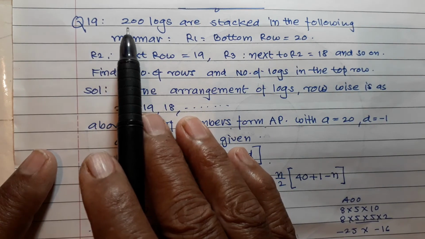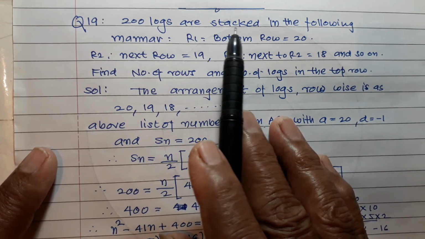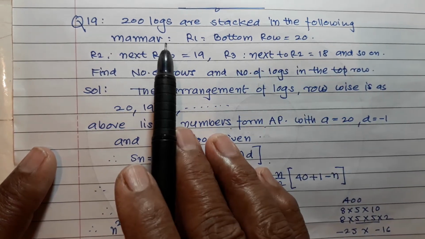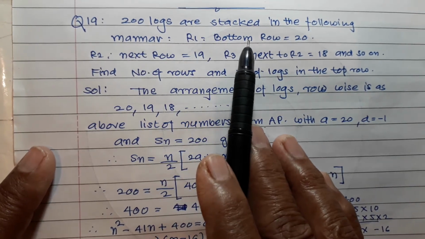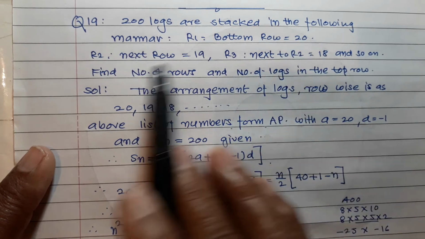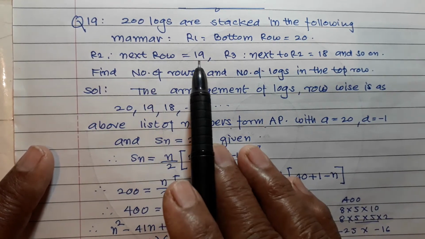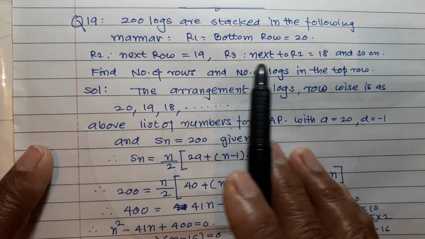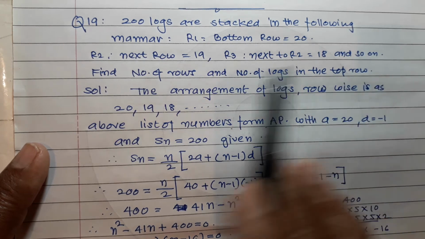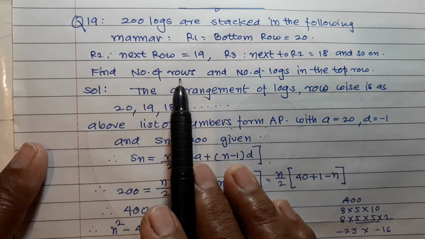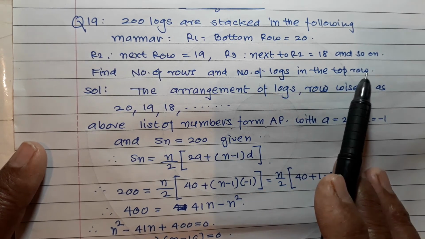Question number 19. 200 logs are stacked in the following manner: R1, that is the bottom row, is equal to 20, R2 next to the bottom row is 19, R3 next to R2 is 18, and so on. Find the number of rows and the number of logs in the top row.